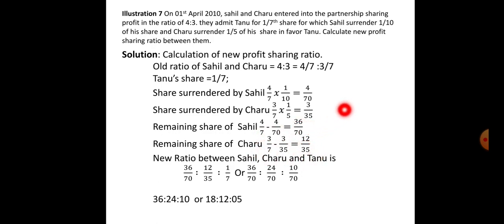This is the new ratio of Sahil, this is the new ratio of Charu, then new ratio of Sahil, Charu and Tanu is 36/70, 12/35 and 1/7.